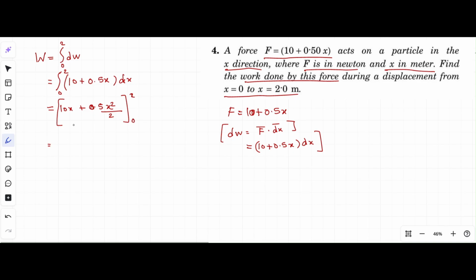So if we put the limits, this becomes 20 plus 2, 21... minus 0. So this is equal to 21 joule.